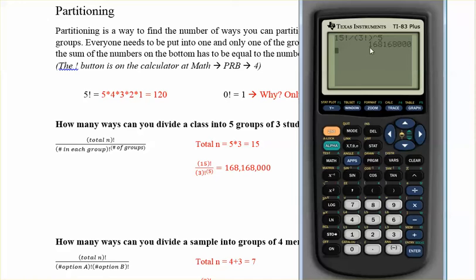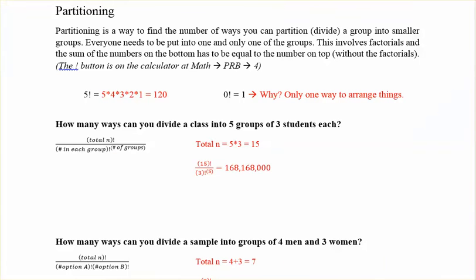Hit enter and you get 168,168,000, which is 168,168,000 different ways you can divide a class into 5 groups of 3 students each.